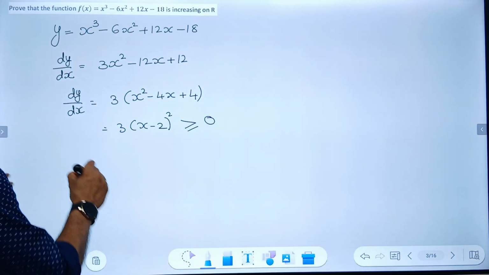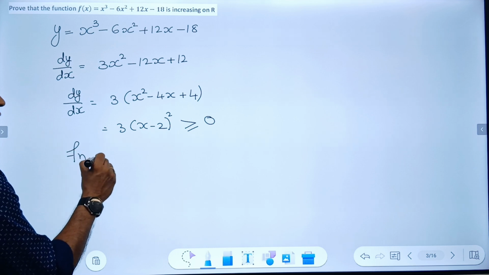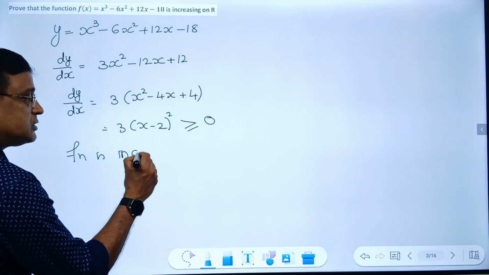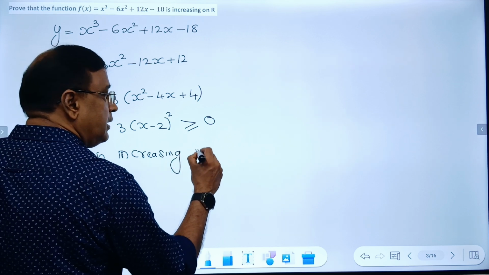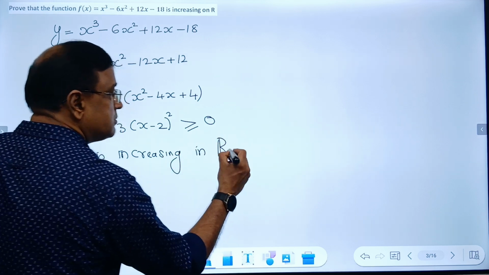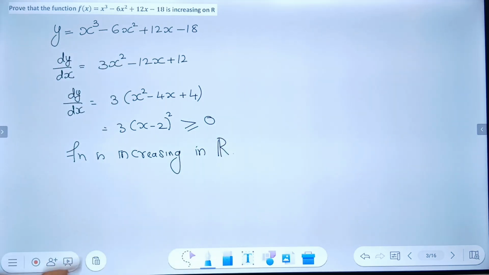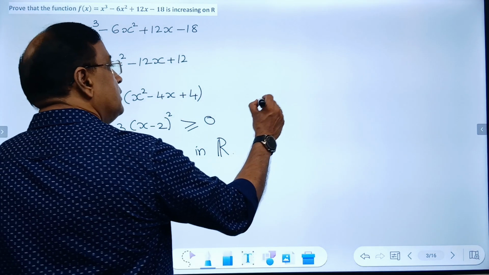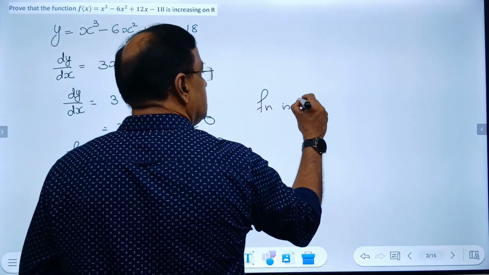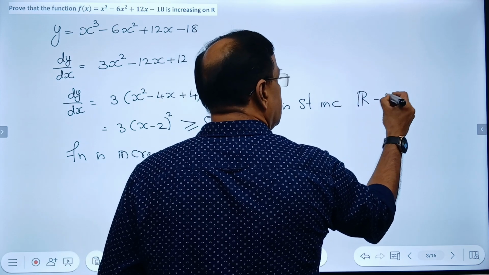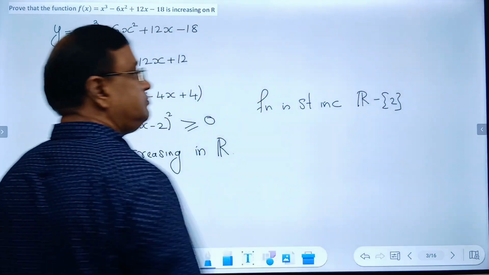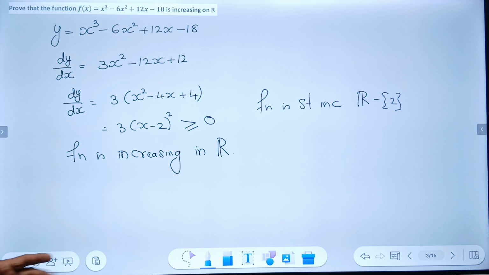Therefore, can I say the function is increasing? It is not strictly increasing. The function is increasing in all real numbers. Suppose they ask you to find for strictly increasing, you can say the function is strictly increasing for all real numbers except 2. I hope it's clear to you.